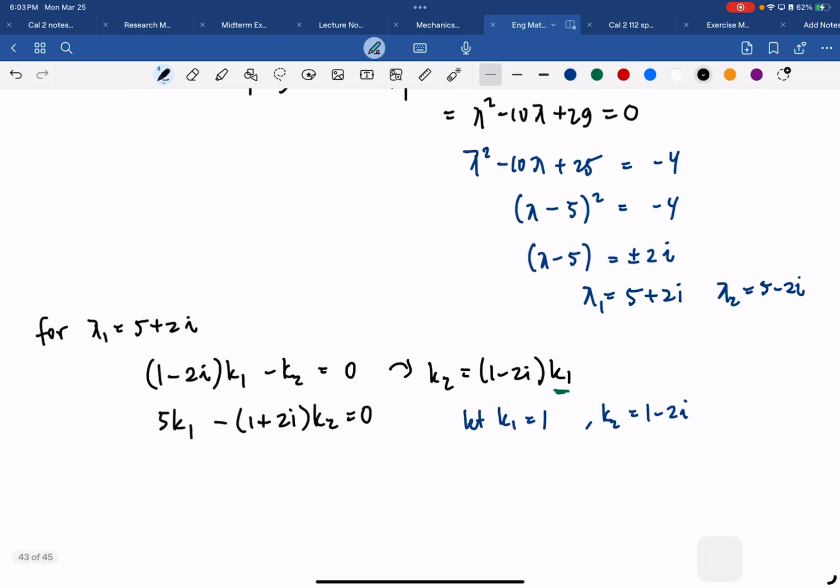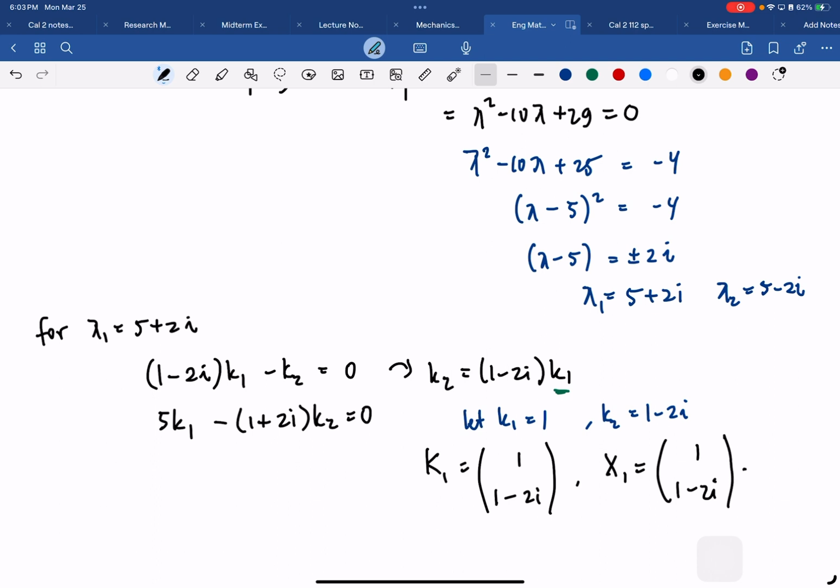So the eigenvector is 1 and 1 minus 2i. The solution for this eigenvector will be this times e to the power of our eigenvalue, 5 plus 2i t.